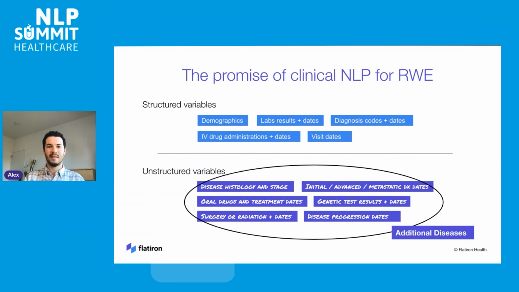Some treatment and testing variables are likely to generalize well across diseases, but others, like histology and the definition of metastatic and advanced disease, or even whether these concepts apply in the same way, are likely to vary significantly and require a much more customized modeling approach and partnership with clinicians.